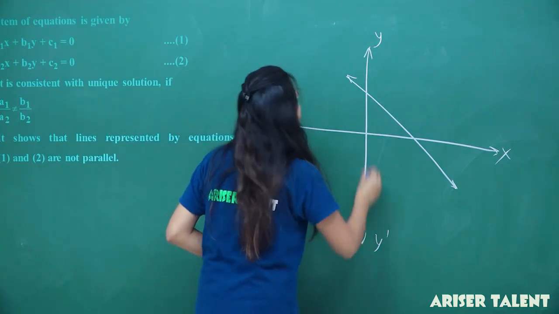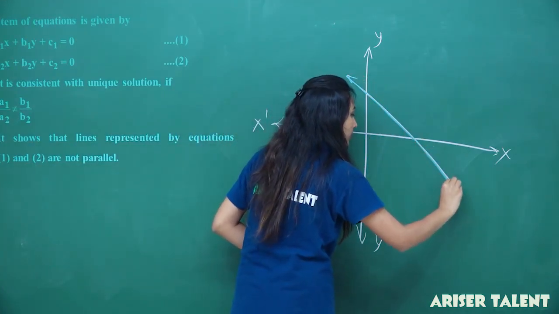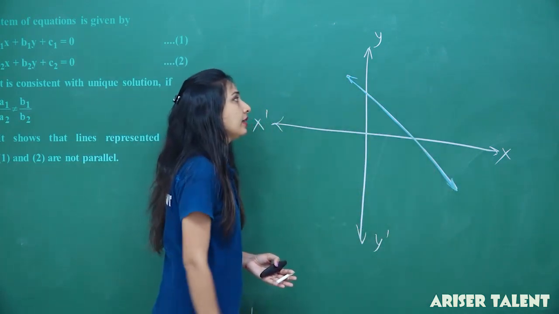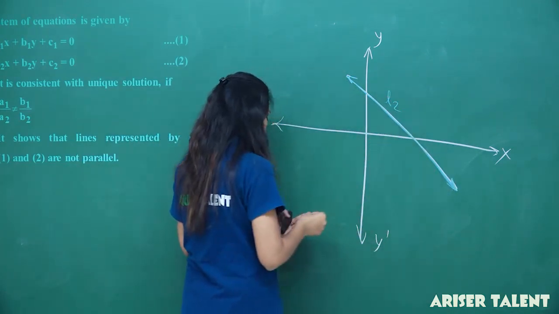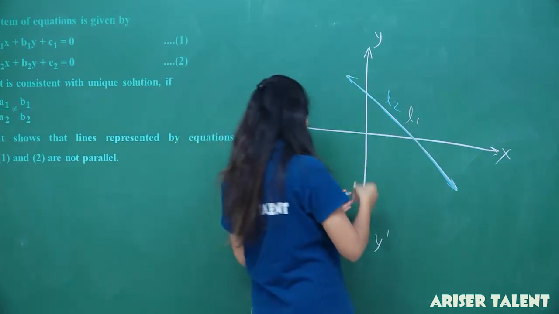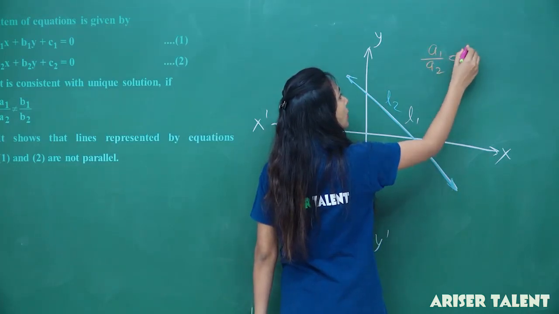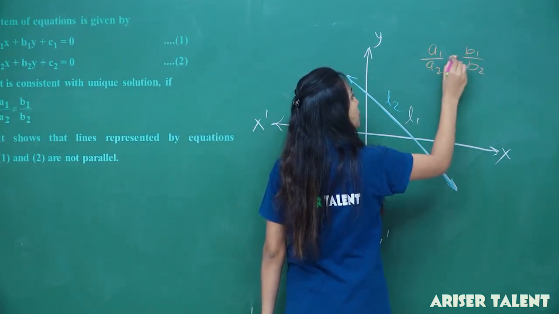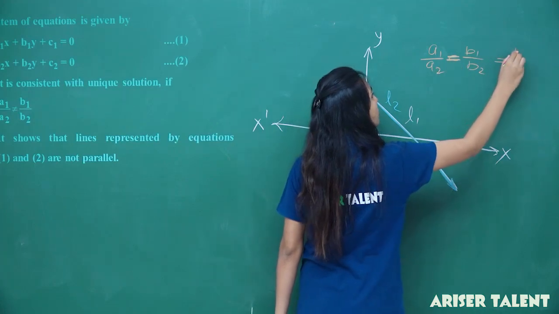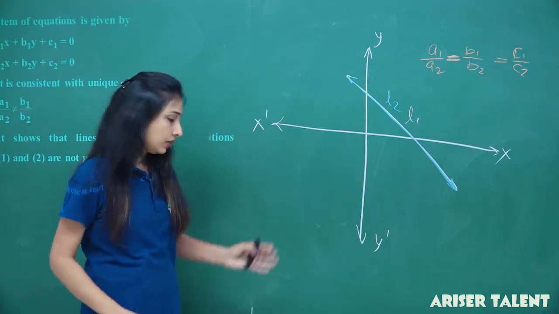For the second line, I will have this line. So this is L2 and this is L1. So in this case, students, particularly, I will have a1 by a2 equals b1 by b2 equals c1 by c2 in this particular graph.